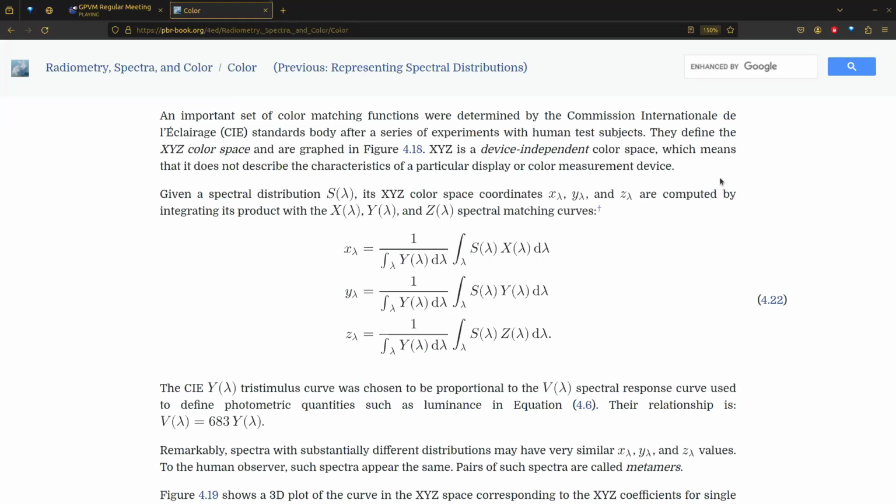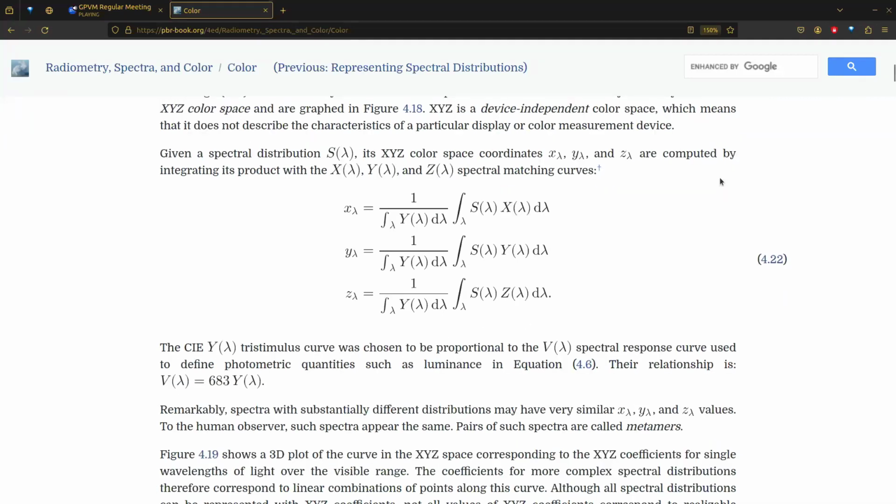The CIE standards were determined after a series of experiments with human test subjects to define the XYZ space. It's a device-independent color space, which means that it does not describe the characteristics of a particular display or color measurement device.